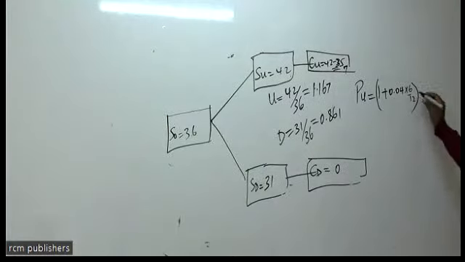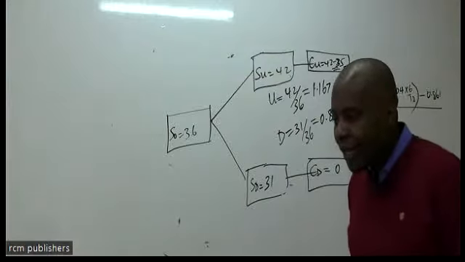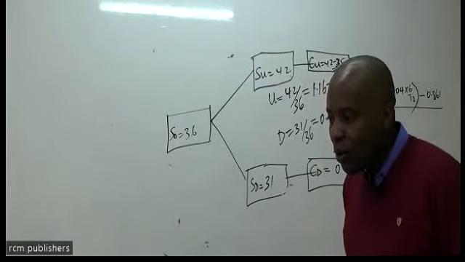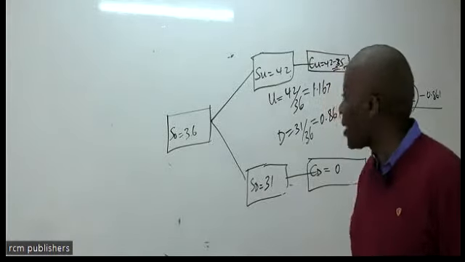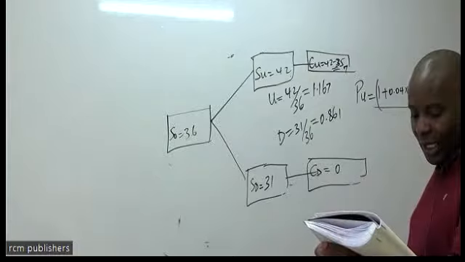Right? So in this case, we have minus U. Our U is 0.861 all over 42 minus 36. 42 minus, is it 36?